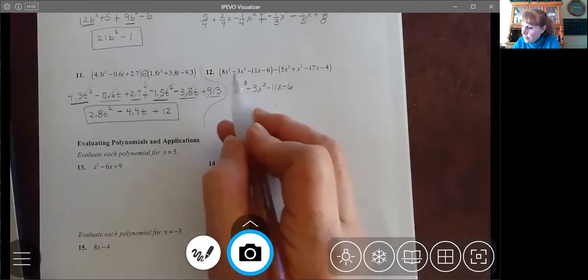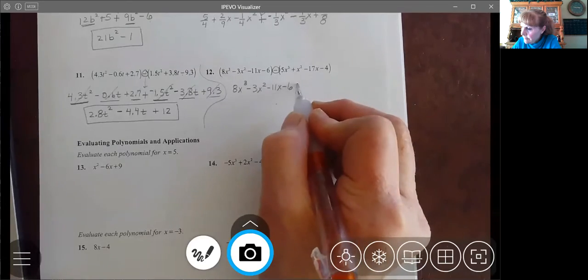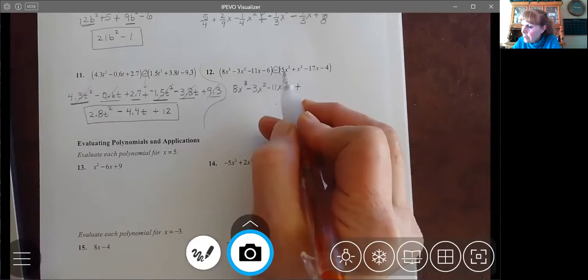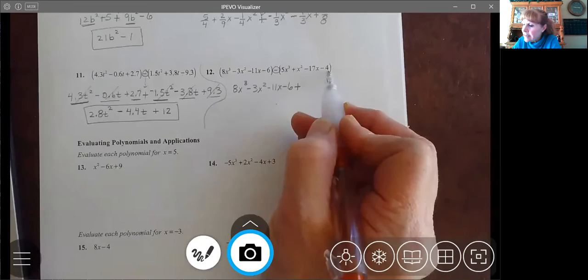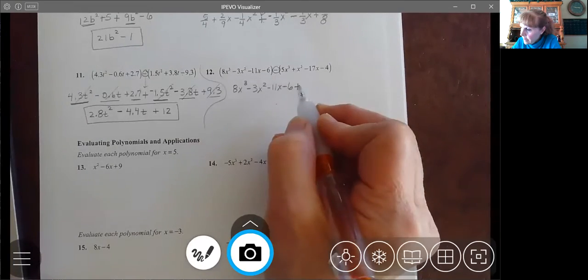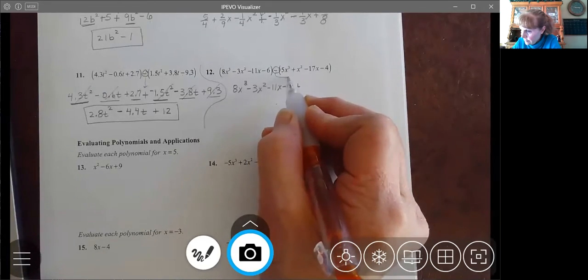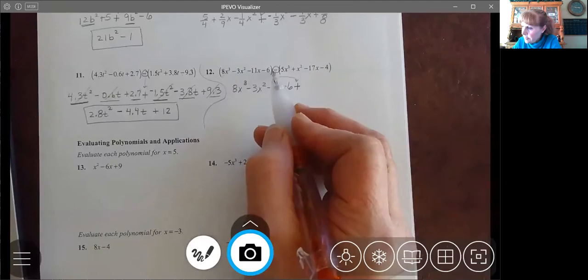I just dropped the parentheses. Now, I'm going to change this to a plus, and I will then take the opposite of what follows in the parentheses. So let's see, I made it a plus right there. It's not really underneath it, but it does become a plus.